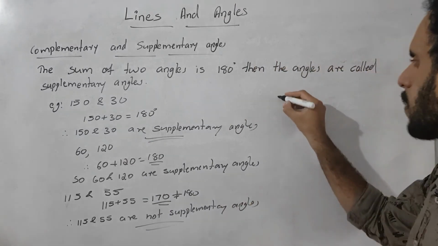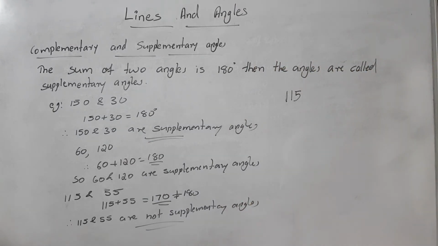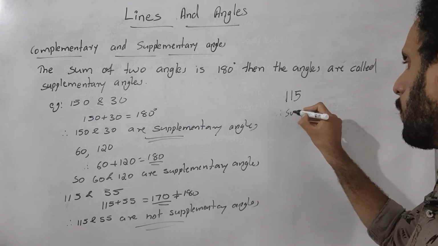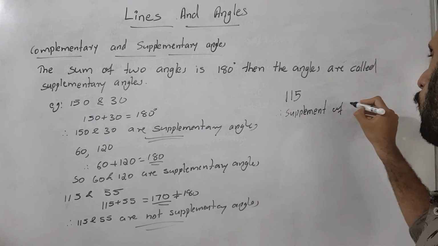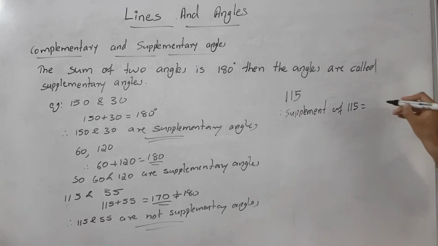Okay. Then what is the supplement of 115? How to find the supplement of 115? Then it is very easy. Therefore the supplement of 115 is equal to 180 minus 115.